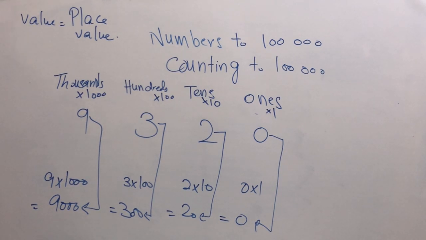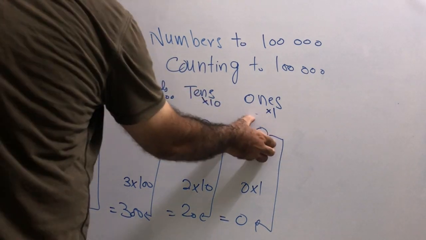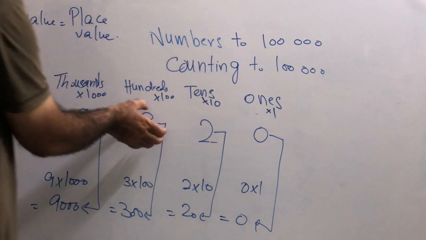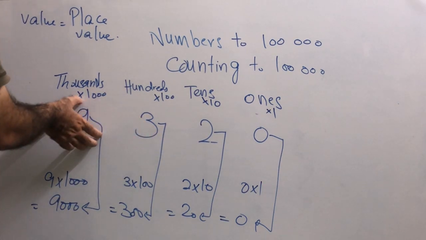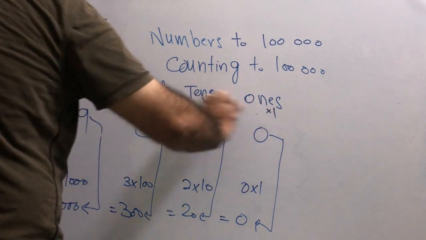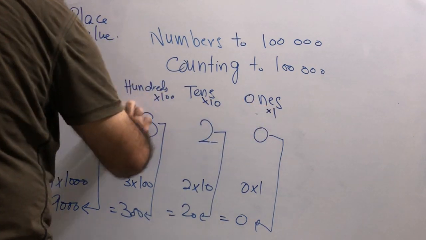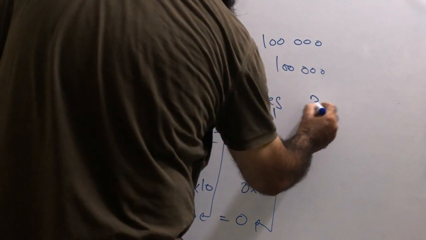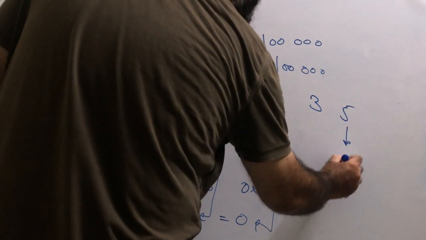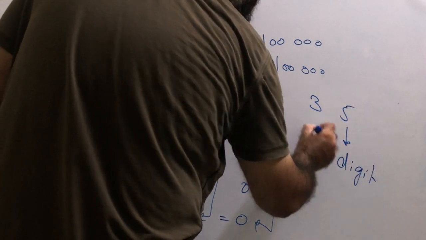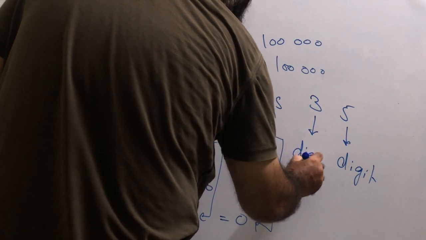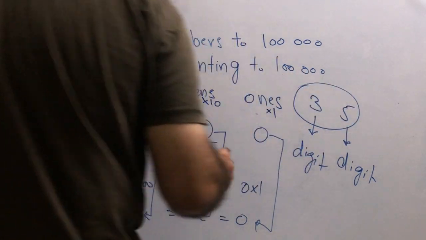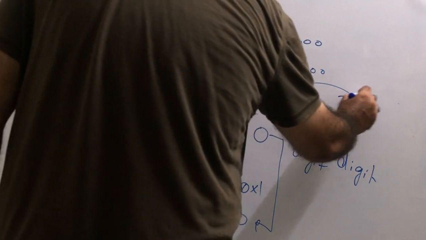What is a digit and what is a number? 0 itself is a digit. 2 itself is a digit. 3 is a digit. 9 is a digit. But when we combine, we say 9320, it becomes a number. If we say 35, 5 is a digit. 3 is a digit, okay? But when we say 35, it is a number.